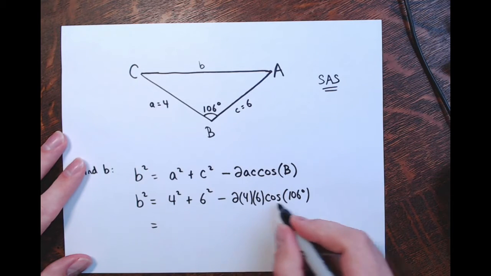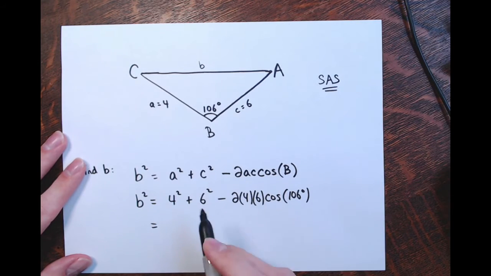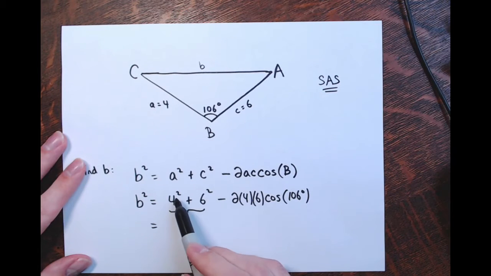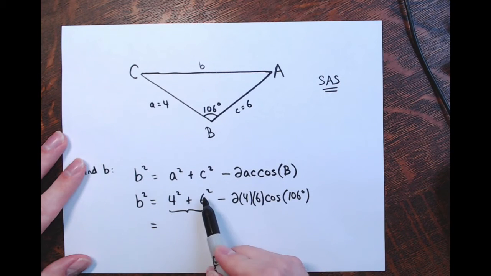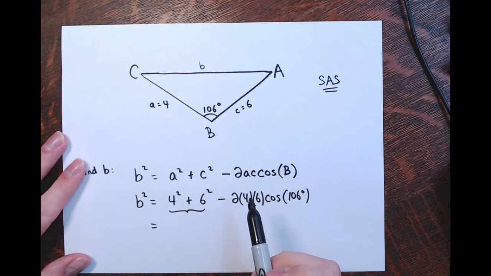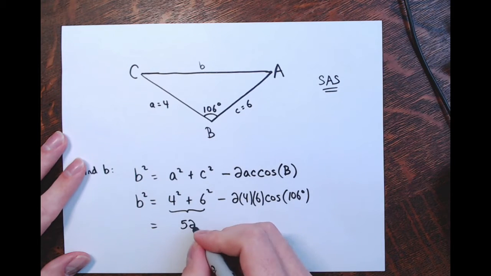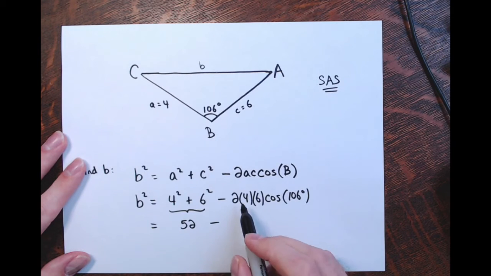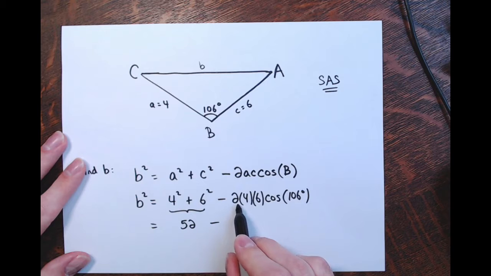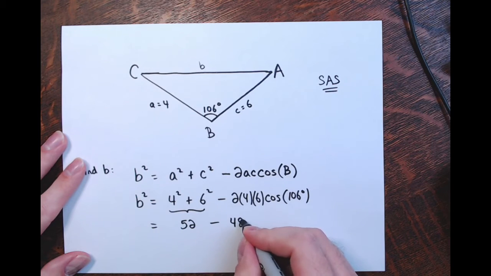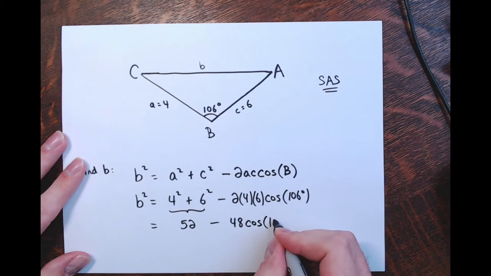Now I can type all that in, but I'll simplify some things here just so I have less typing to do. 4 squared is 16. 6 squared is 36. 36 plus 16 is 52. And then this product here, 2 times 4 times 6, that's 48 times the cosine of 106.